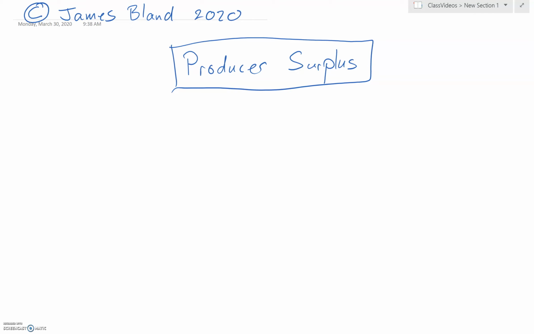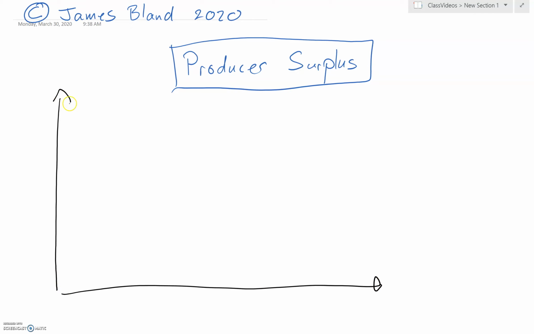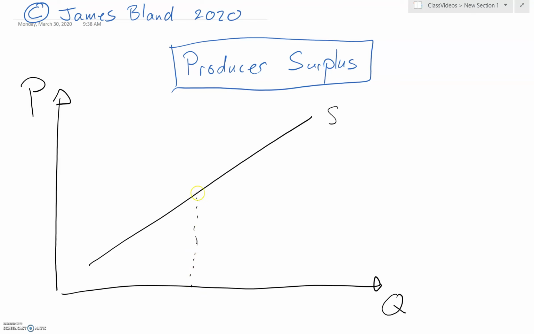Okay, so remembering back to when we learned about the supply curve, one of the interpretations we had of the height of the supply curve, so here we've got just a supply curve, is that if we pick a quantity, the height of the supply curve gives us the marginal cost of producing that particular item.